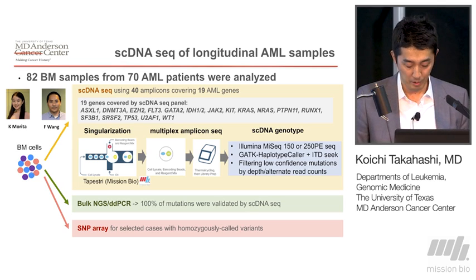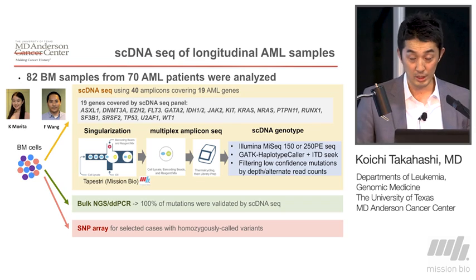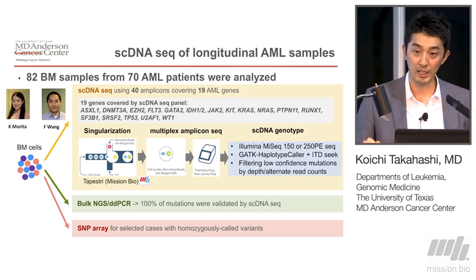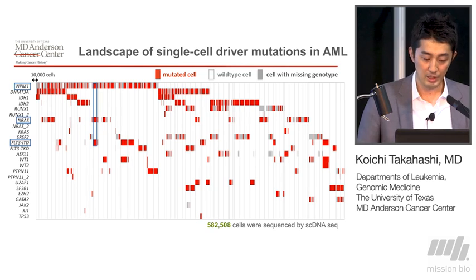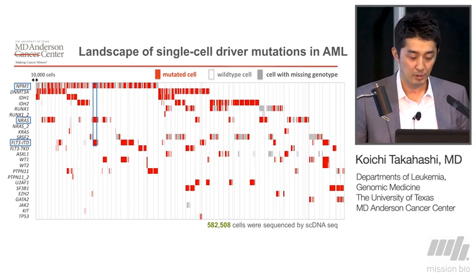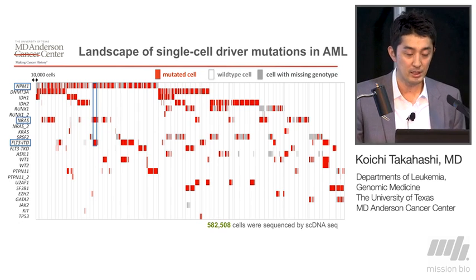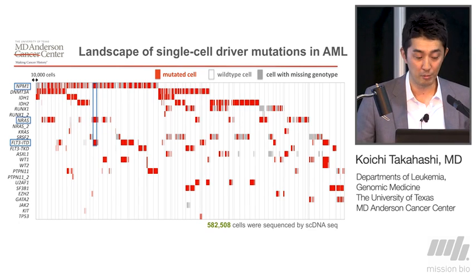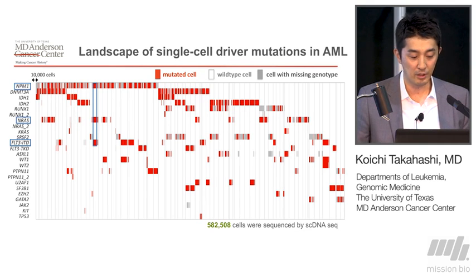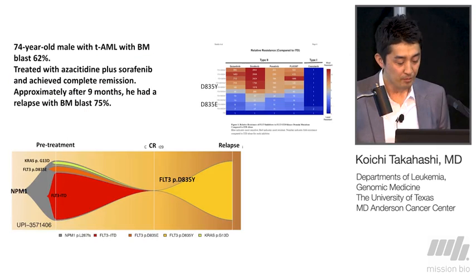We also did SNP array, which I'm not going to show today, to confirm the zygosity of some of these mutations, which resulted in this heat map, which consists of about 600 cells, AML cells from these 70 AML patient samples. Each partition is a patient, but within that patient there are thousands of cells, which creates a cellular-level co-occurrence and mutual exclusivity landscape.